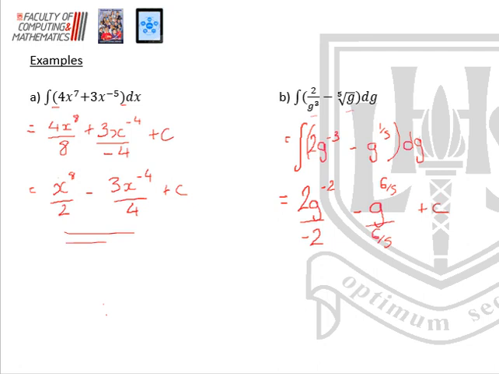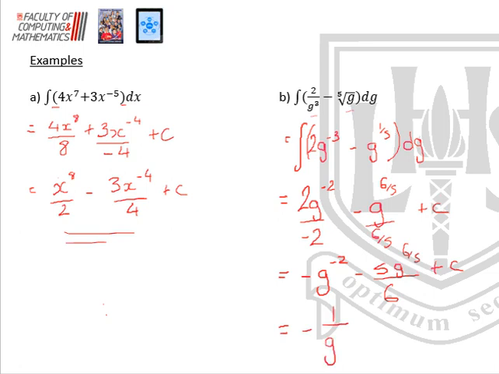Okay, and then that means just tidying up. 2 divided by minus 2 is just minus 1, so it's going to be minus g to the power minus 2. Dividing by 6 over 5 is the same as multiplying by 5 over 6. And what I'll do here is just put the fractions back in.